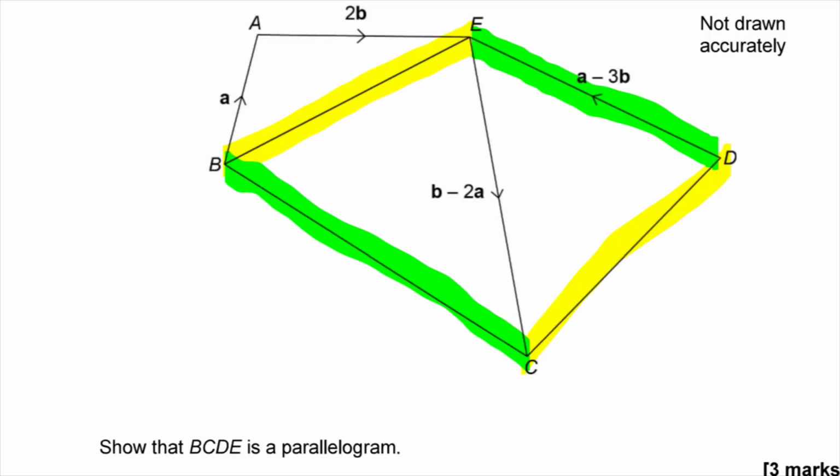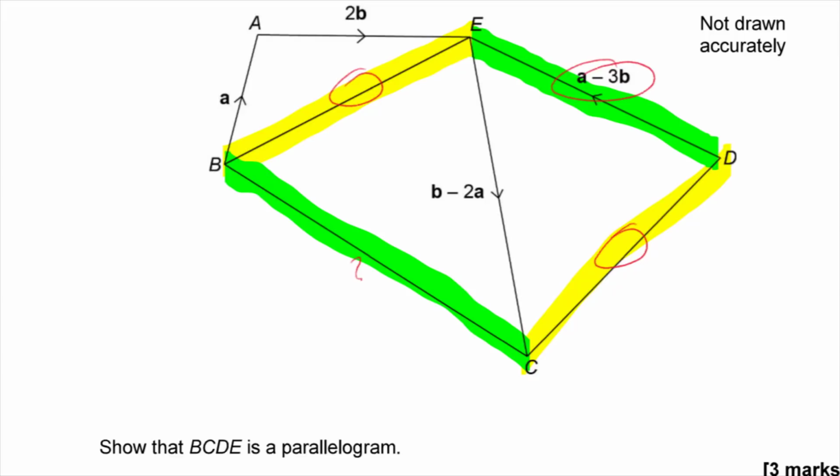So to show that this shape is a parallelogram, all we've got to do is show that this vector here is going to be the same as this one, and whatever the vector is here has got to be the same as this one here. If I can show that those two pairs of vectors are equal, then I've shown that it's a parallelogram.